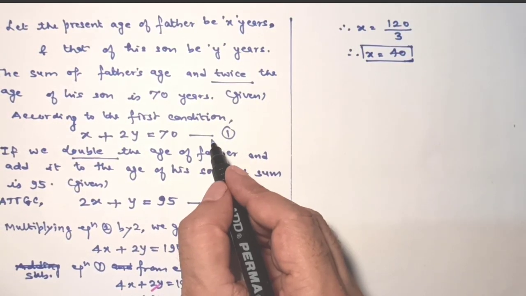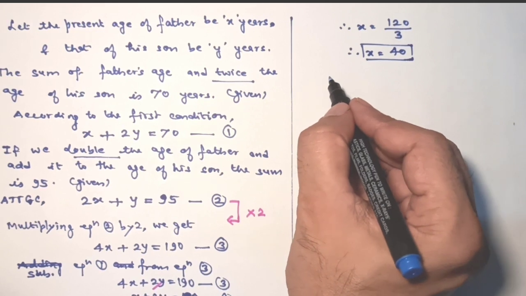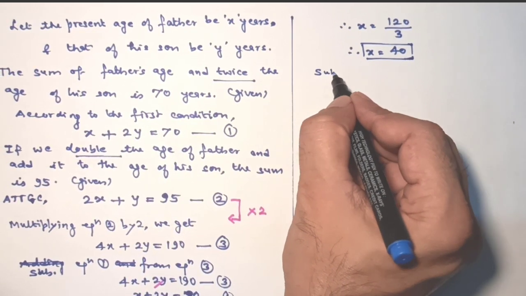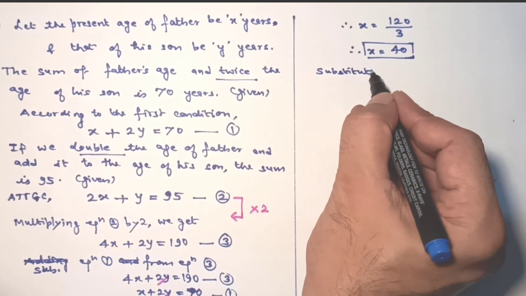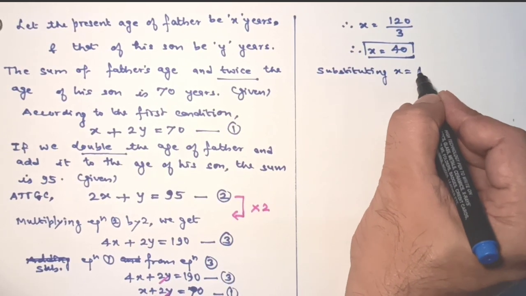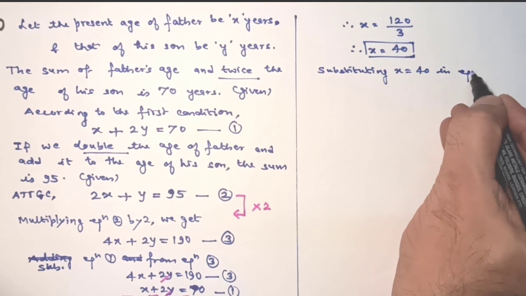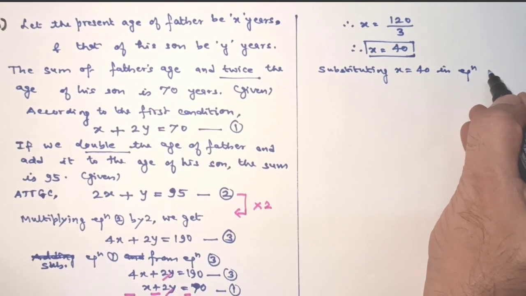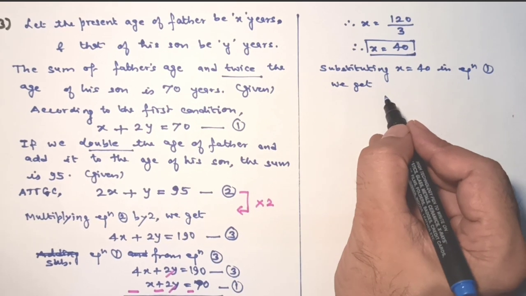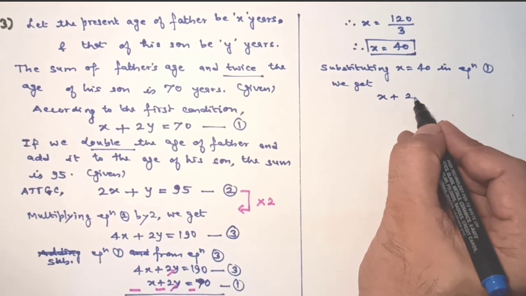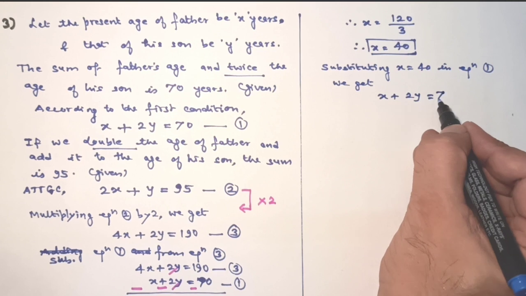Now look at equation 1. So you can write substituting x is equal to 40 in equation 1. We get, if you want to write, x plus 2y is equal to 70.